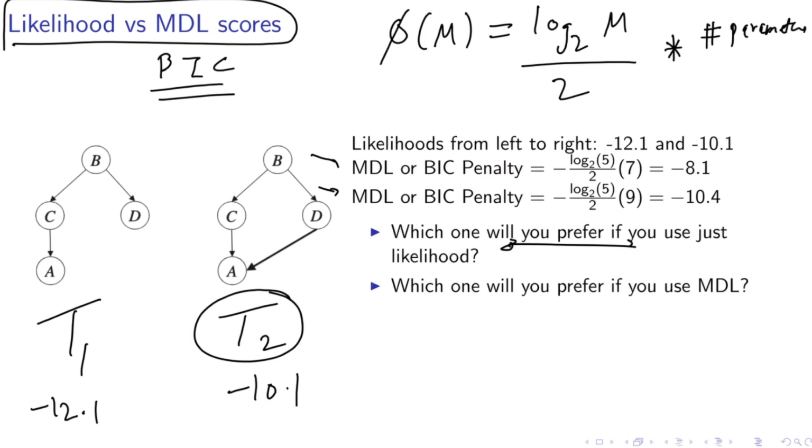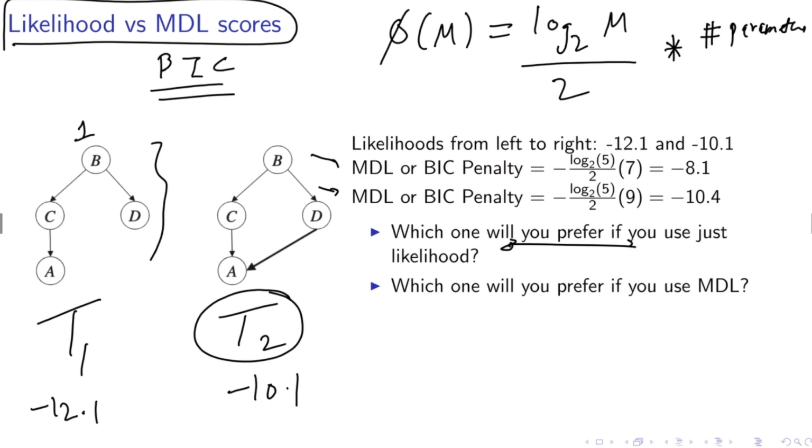So how many parameters does the first Bayesian network have? Assuming that each variable can only take two values, let's count. The first variable has just one parameter, because the other parameter is nothing but 1 minus that parameter.